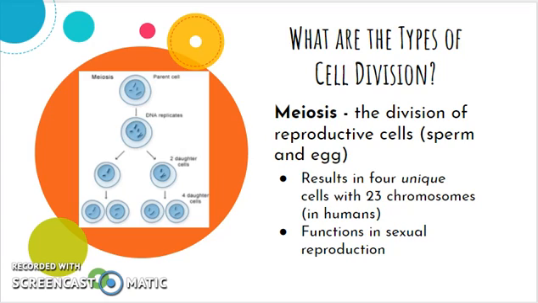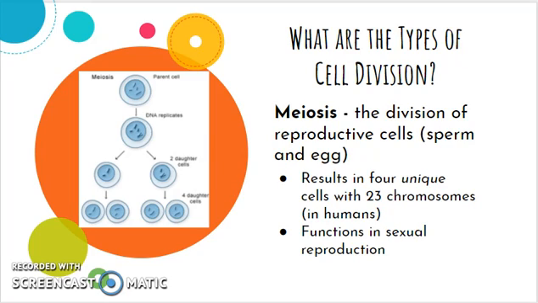There is another type of cell division called meiosis, and this is the division of reproductive cells, so the creation of sperm and egg cells. The result of this is to end up with 4 new cells that have only 23 chromosomes, so half the number of chromosomes an original cell would have.